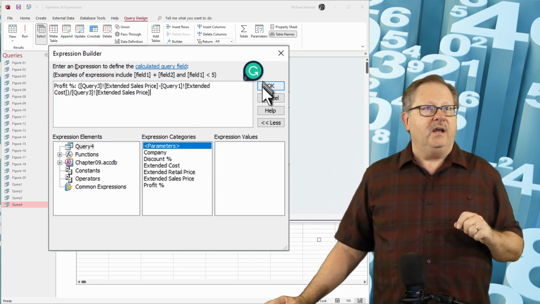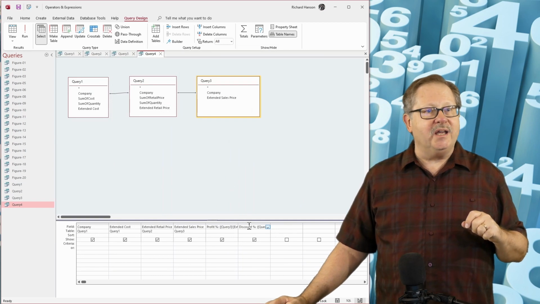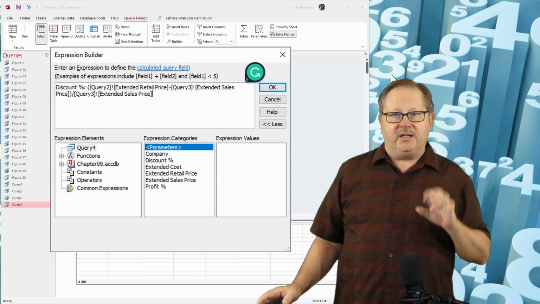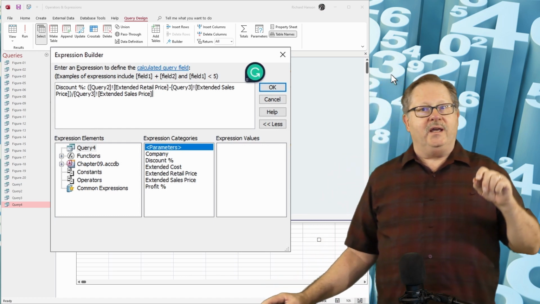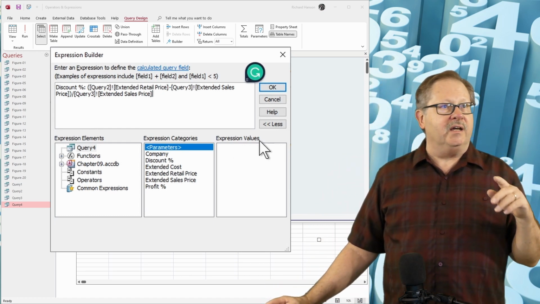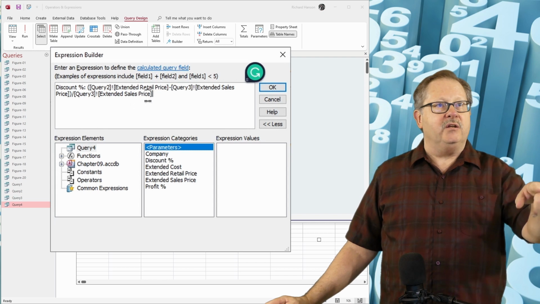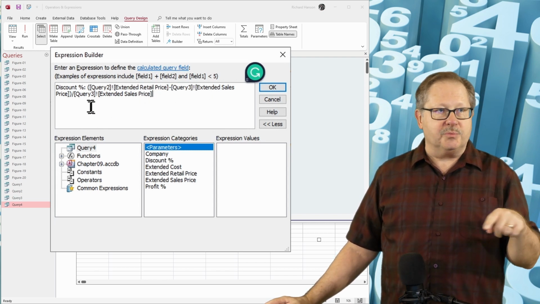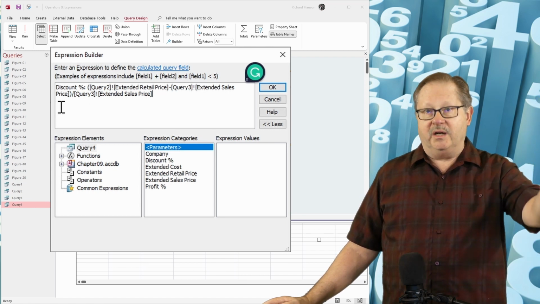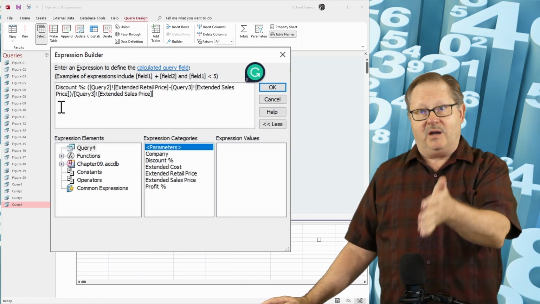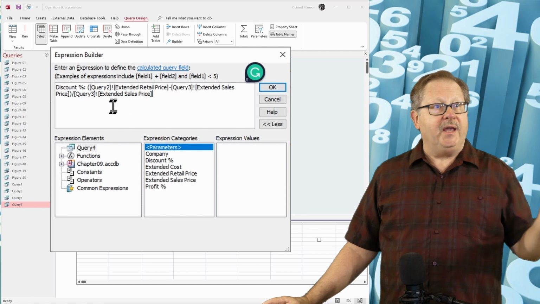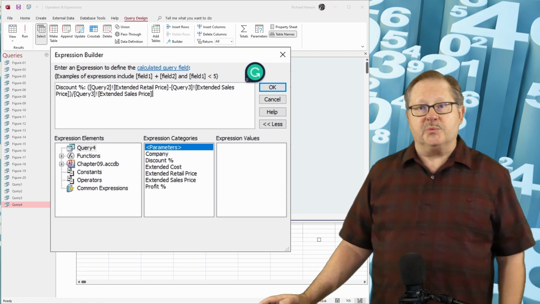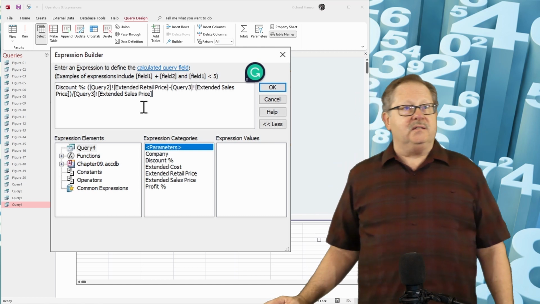Then down here for discount percent, I can catch those scrupulous salespeople who are getting lots of sales and pushing my profits down. I take the extended retail price minus the extended sales price, so my retail price minus how much they actually sold it for, and divide it by extended sales price to get a discount percent.